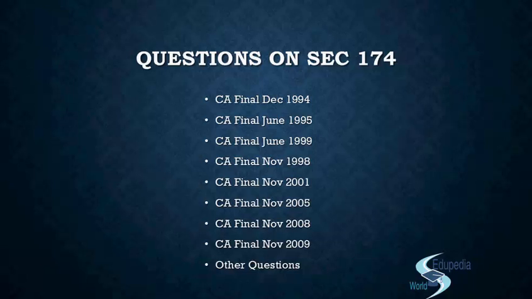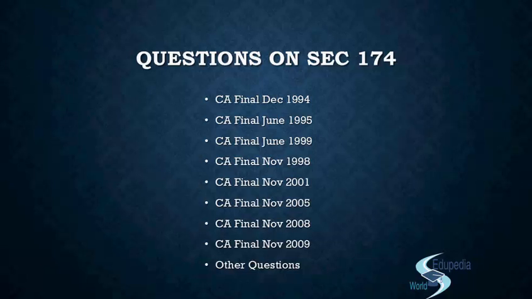So if I try to bring it back to your mind, while we were discussing the questions on section 173, we have discussed a similar case, right? But that was regarding only the limits of the meeting, and over here we are discussing it regarding the quorum requirement, right? So in the first case, the quorum was not present in the case of the original meeting, but it was present in the subsequent meeting, in the adjourned meeting.